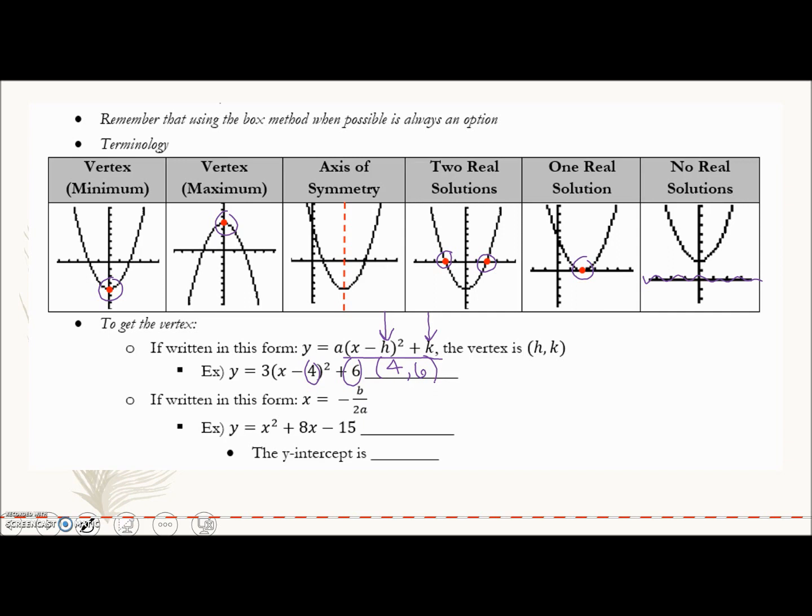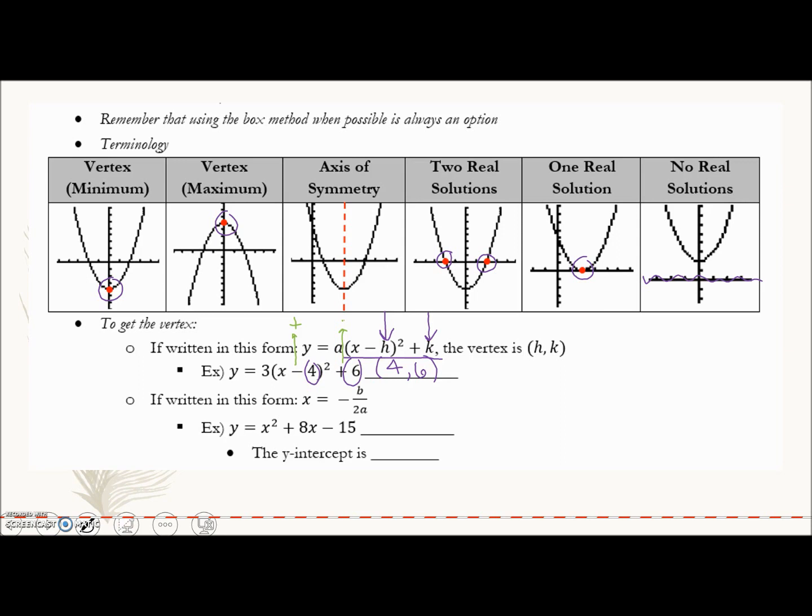If you want to keep in mind that if this sign right here was a plus, then the x value of the vertex would be a negative. And for this one, if that was a minus, then the y value of the vertex would be a negative. Because in this form, you have a minus in the parentheses and a plus on the outside.